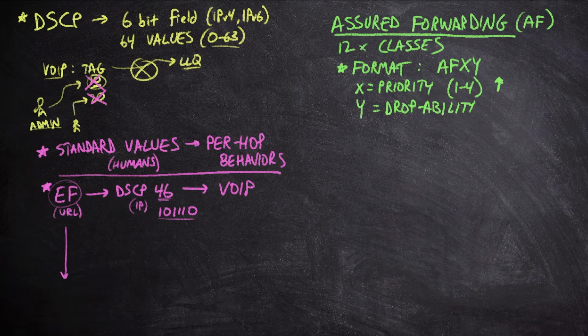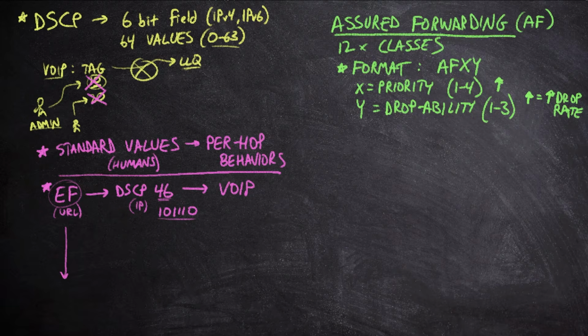So we start with a priority level of, let's say, 1, but then we can have a dropability range from 1 to 3. And what's interesting here is the higher the value, the higher the drop rate. So we have to be a little bit careful here, because we might think that a value of 3 means it's a higher priority level and therefore it shouldn't be dropped as much.